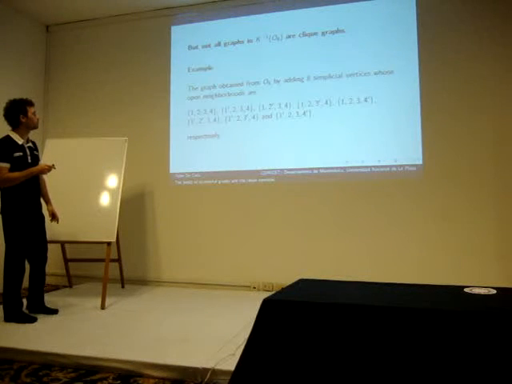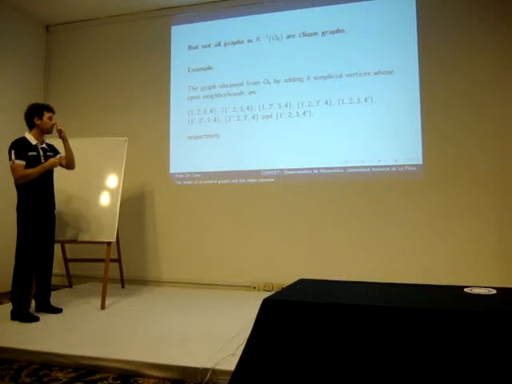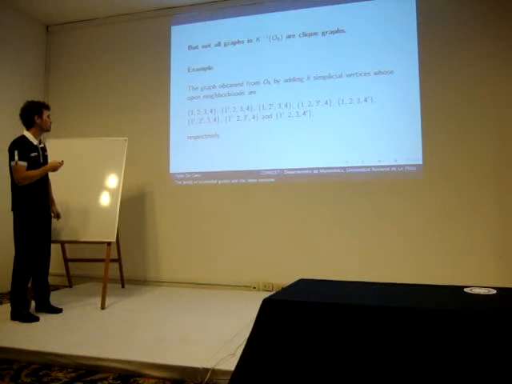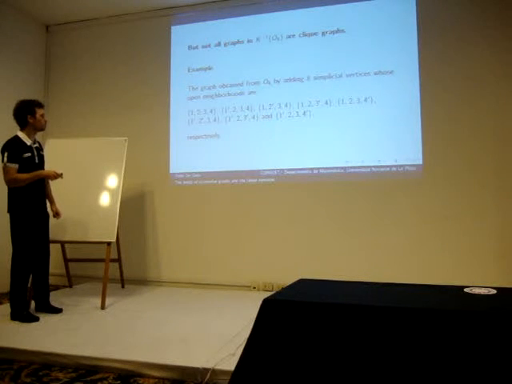For example, a graph that is obtained from O4 by adding 8 simplicial vertices whose open neighborhoods are these cliques of O4.